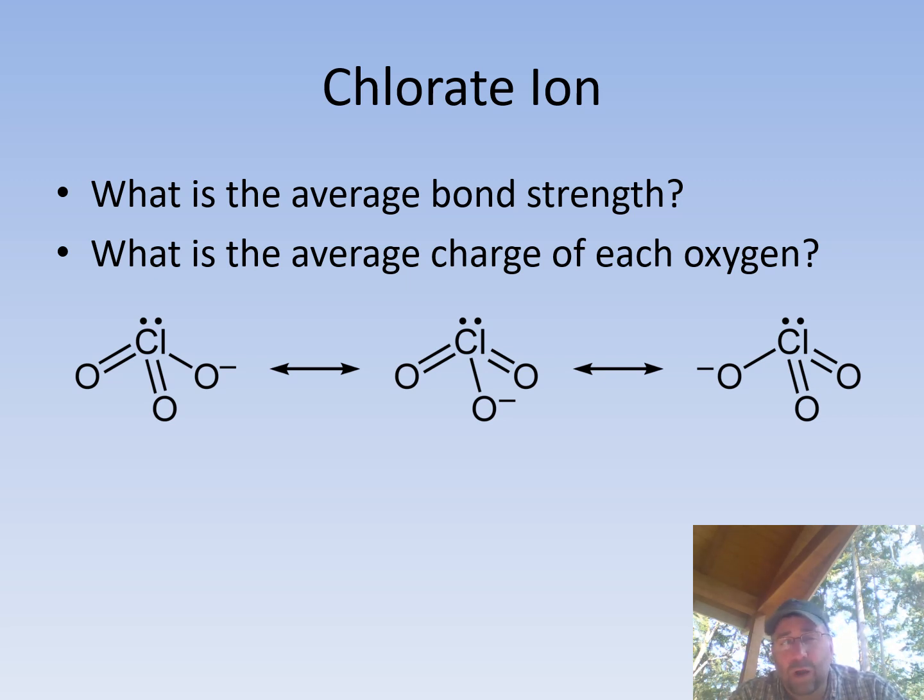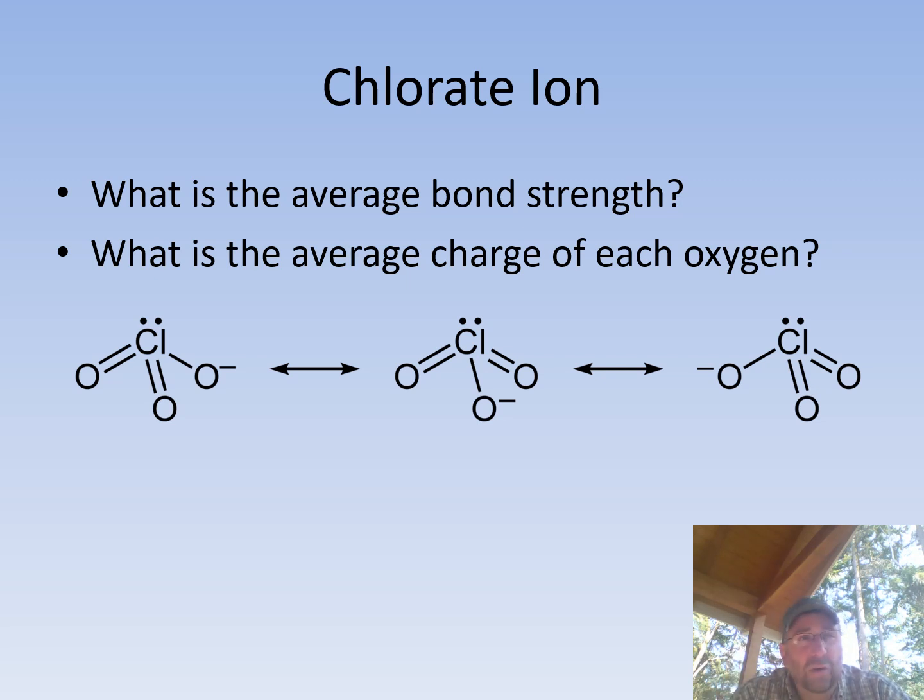So we're going to have to spread that out and rotate where those double bonds are located. Then we're going to take the average of all of those. So we've got a -1 charge spread out among three atoms. So we should end up with each oxygen having an average charge of -1/3. We're going to have 5 total chlorine-oxygen bonds, but divided by 3 oxygens.